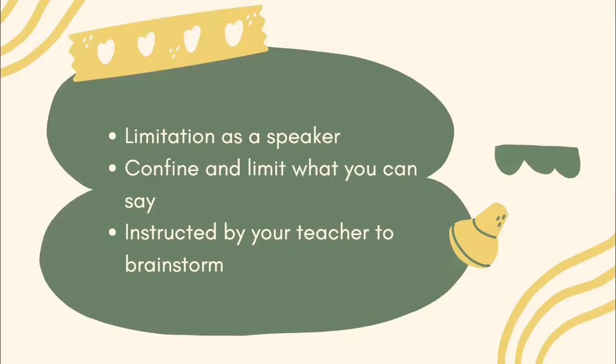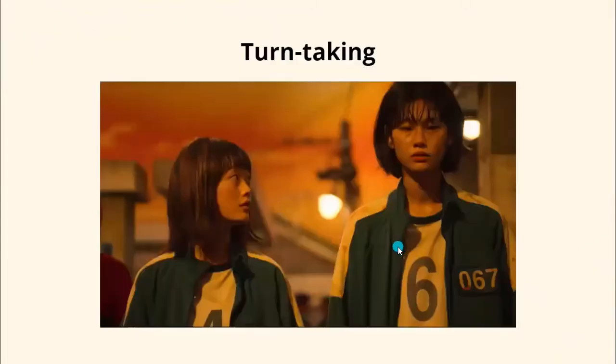For example, when you are asked by your teacher to brainstorm, in this case, you cannot talk about other things. So that's restriction. It limits you. There's a limitation there. So what you're going to say is solely confined to the communication context, which is to brainstorm about your project. That's your restriction, class.